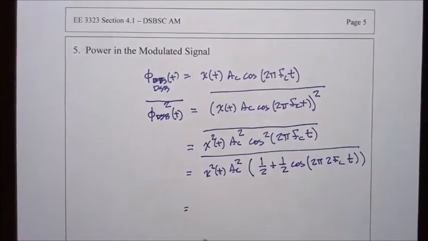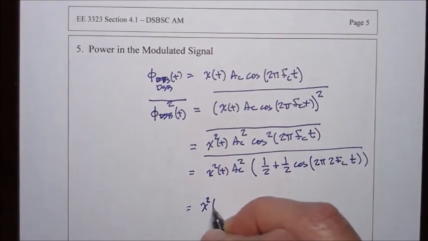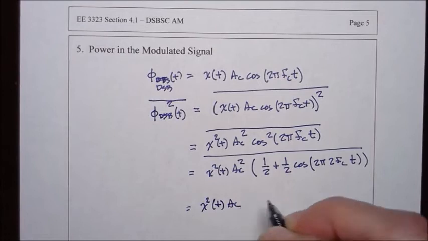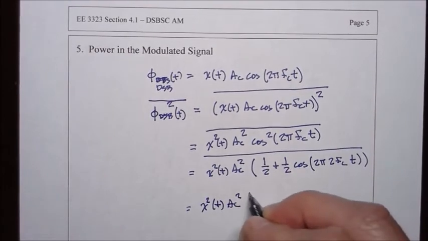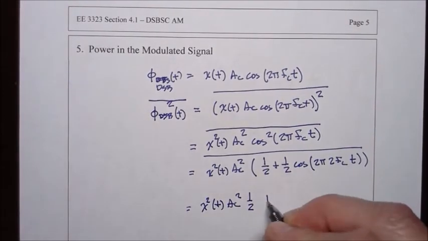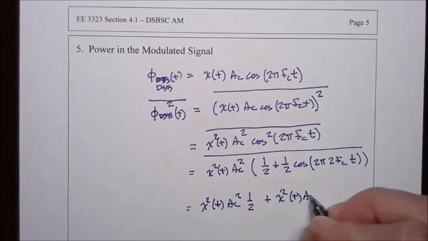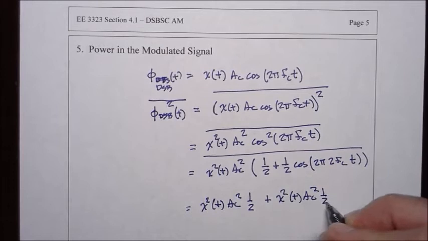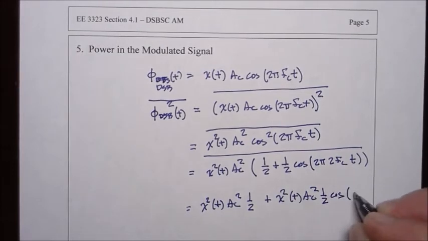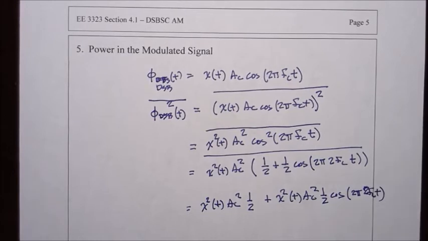If we distribute through this term, we will have two terms. We will have x squared of t times AC squared times 1/2, plus x squared of t times AC squared times 1/2 cosine 2 pi 2fc times t.